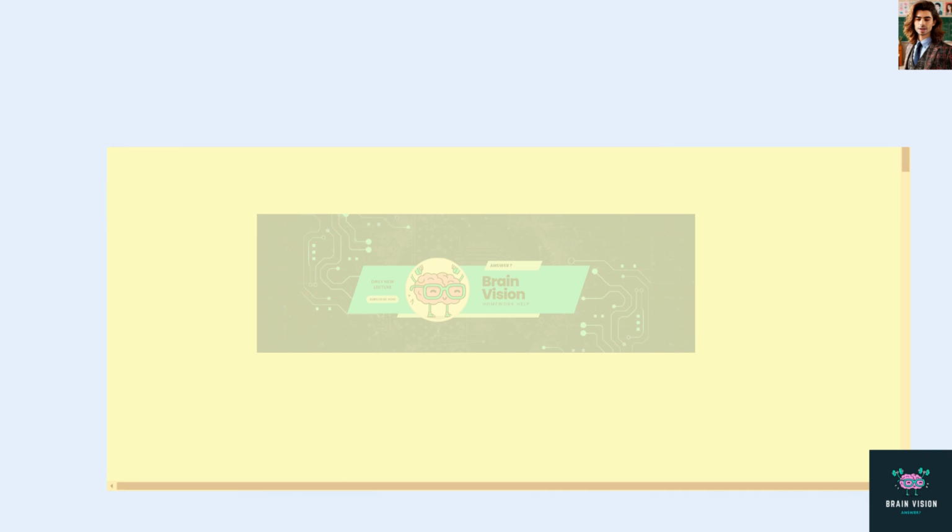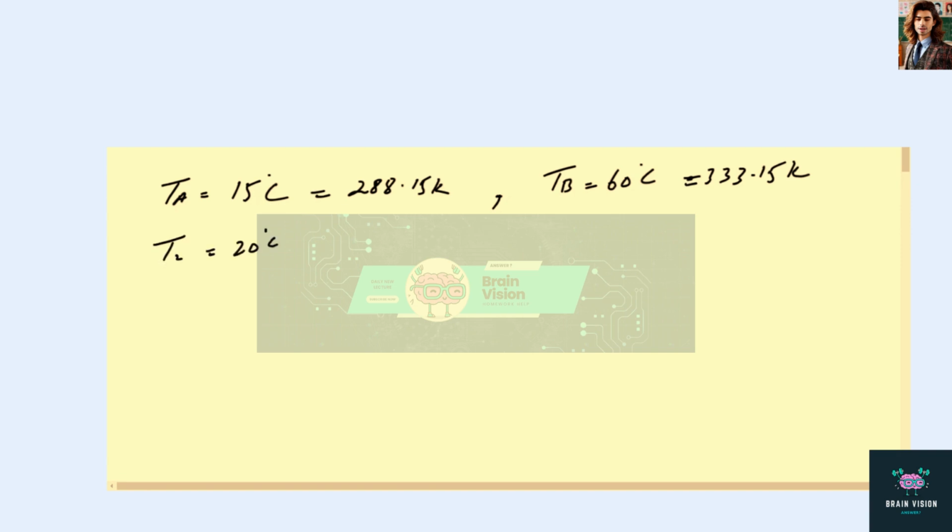In order to answer this question, we are given the following data for two rooms with oxygen. TA is equal to 15 degrees centigrade, that is equal to 288.15 Kelvin. TB is equal to 60 degrees centigrade, that is equal to 333.15 Kelvin. T2 is equal to 20 degrees centigrade, that is 293.15 Kelvin.